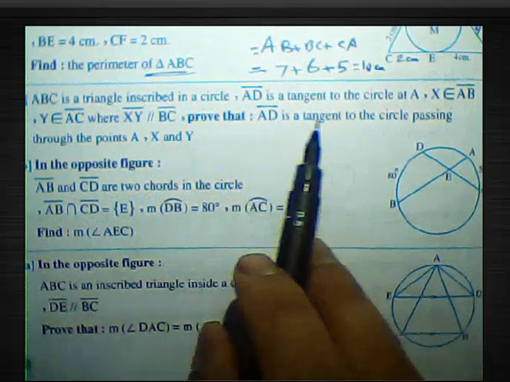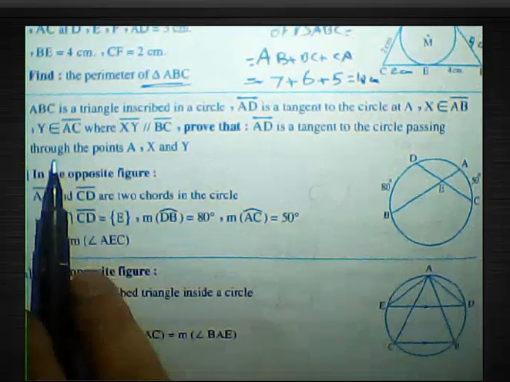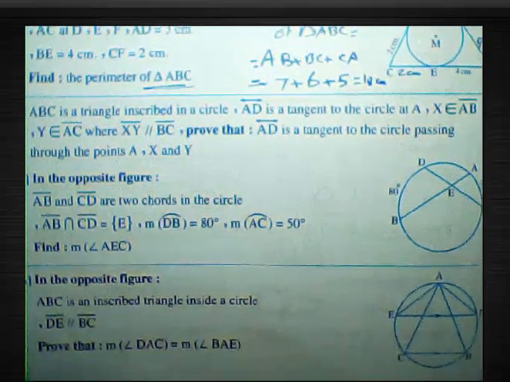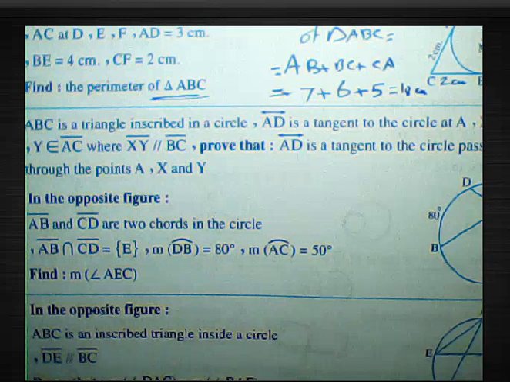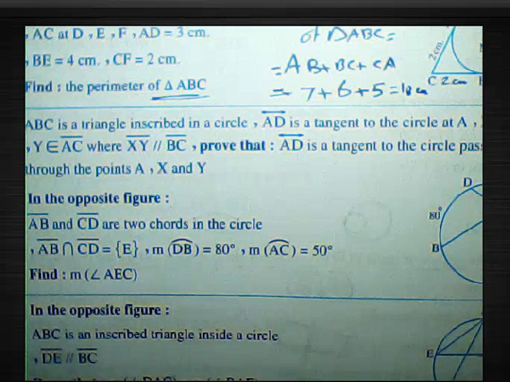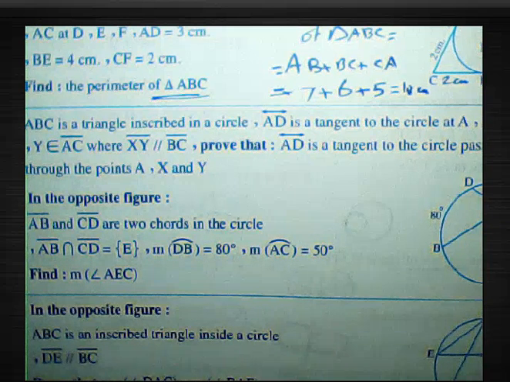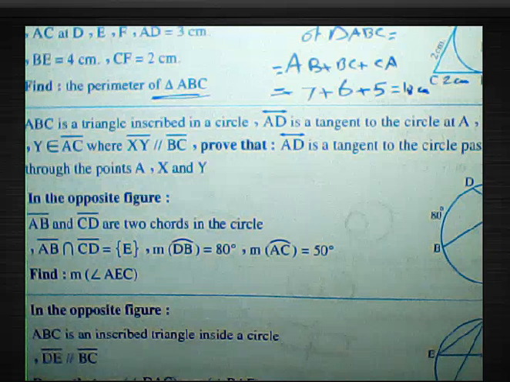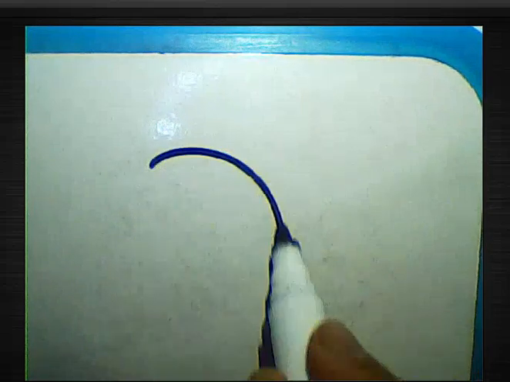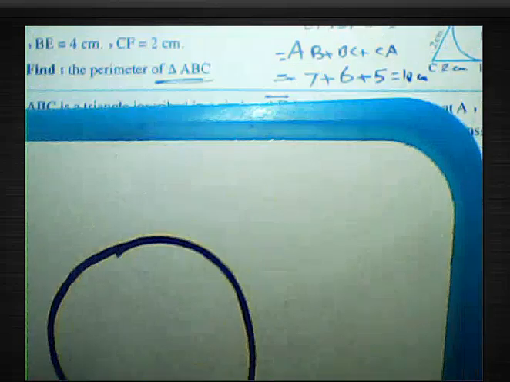Prove that AD is a tangent of the circle passing through the points A, X and Y. Okay, we can draw a triangle inscribed in a circle. We have a circle here. ABC triangle.